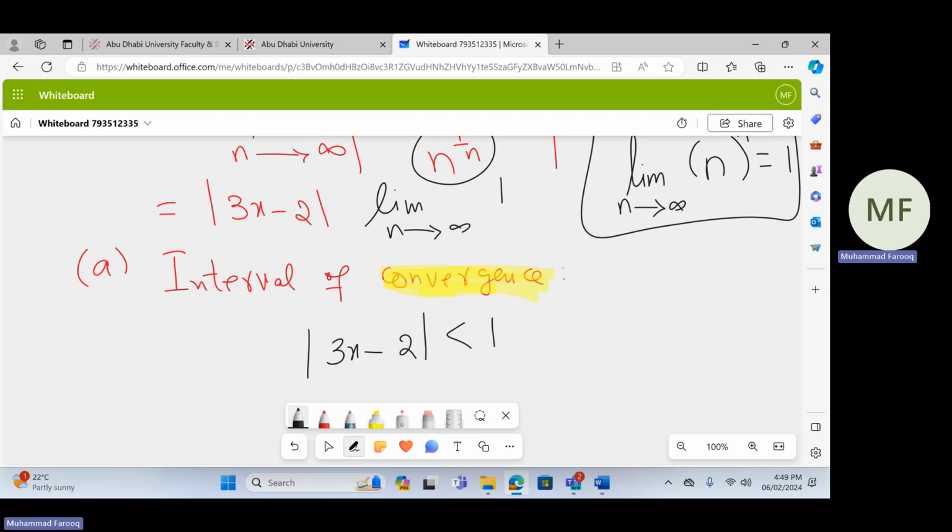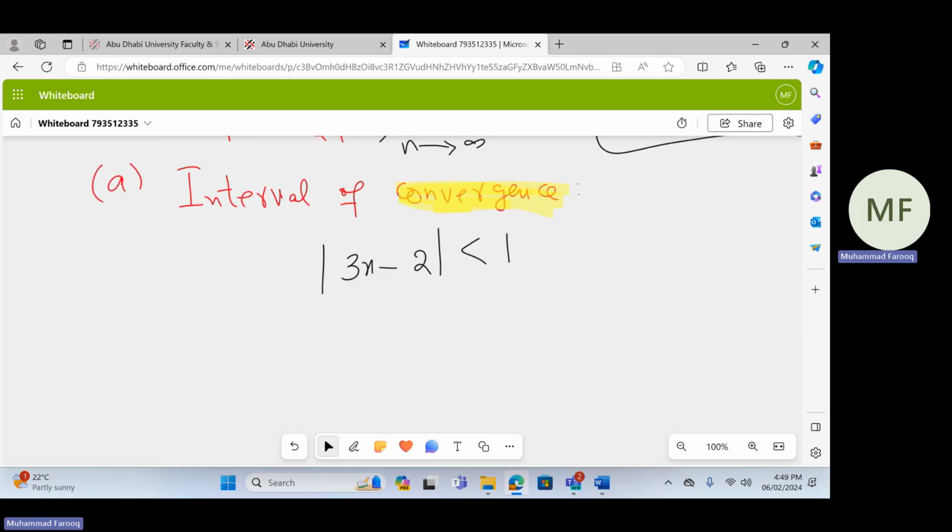Absolutely, it's called absolute value inequalities. Do you know how to solve absolute value inequalities in algebra? If so, you get the answer of part A in one second. So please tell me how to solve it: 3x minus 2 is greater than minus 1, and 3x minus 2 is less than 1.